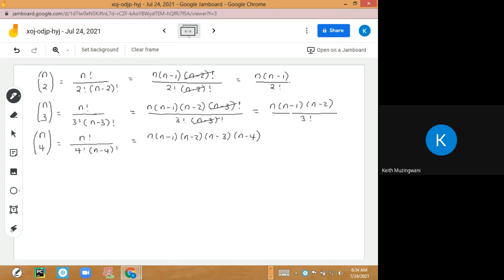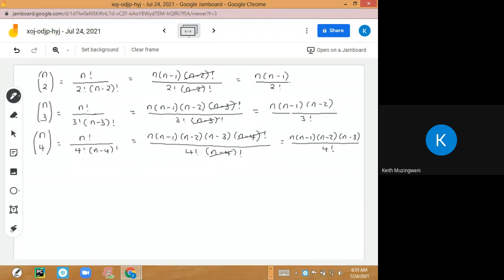But once you mention n minus 4, you know it is there in the denominator. So you can end there on top, because this part will cancel that part. And so you remain with n, n minus 1, n minus 2, n minus 3 divided by 4 factorial.